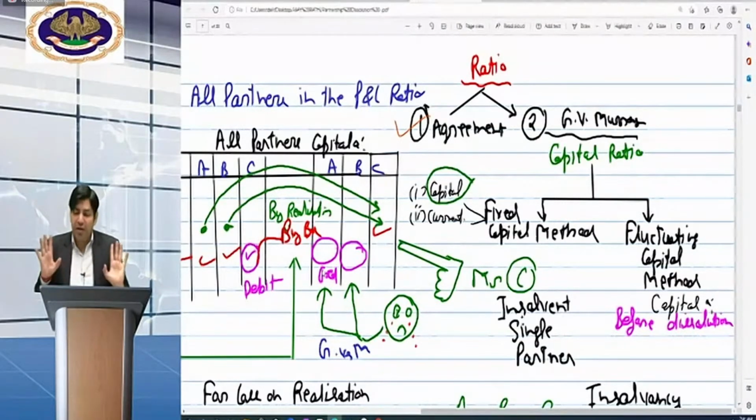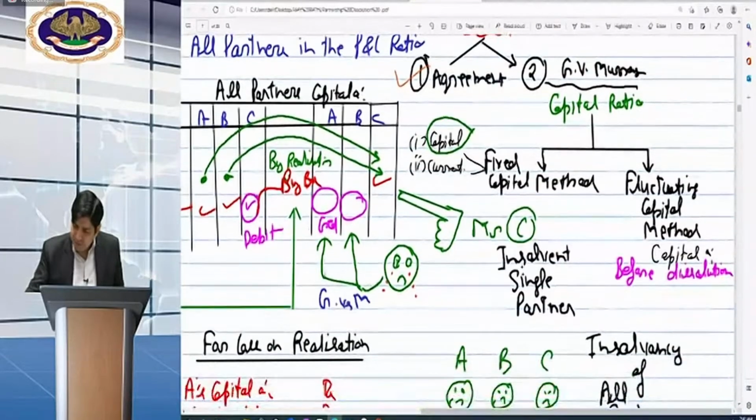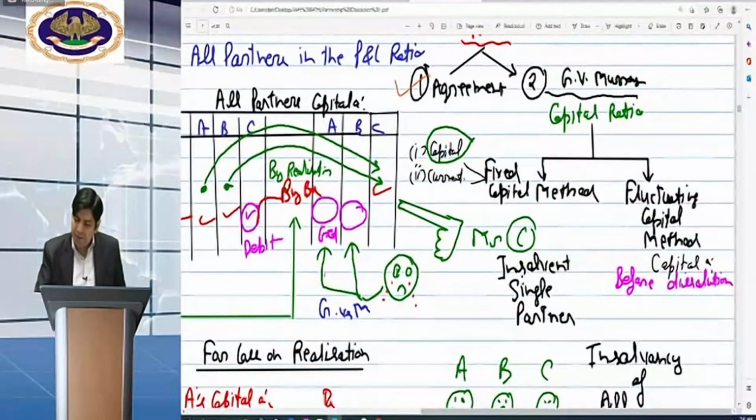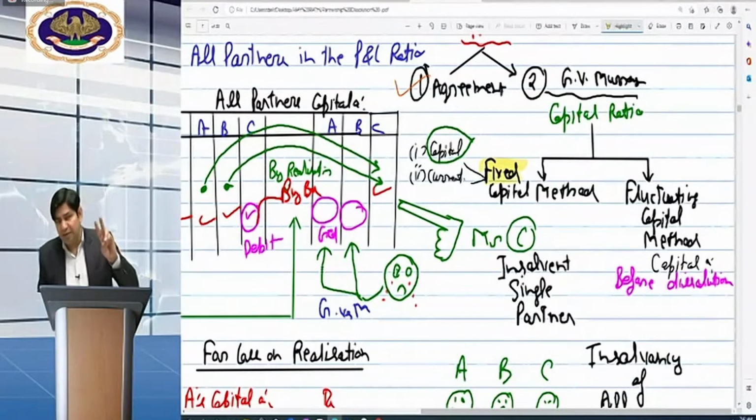Now, the court had decided in the case of Gardner versus Murray that if there is no agreement for this loss, then apply Gardner versus Murray. That is the fixed capital method. Fixed capital method means in the balance sheet you will find two things, partners' capital and current account, both. It means capital is fixed.